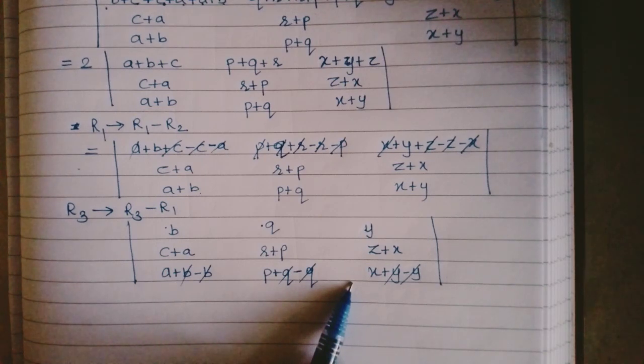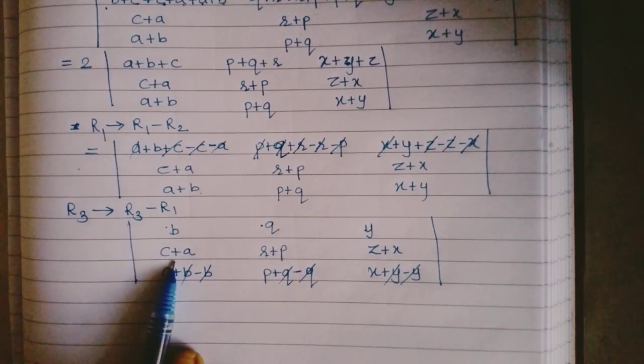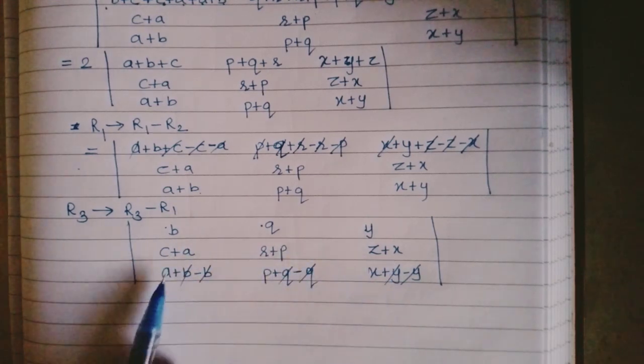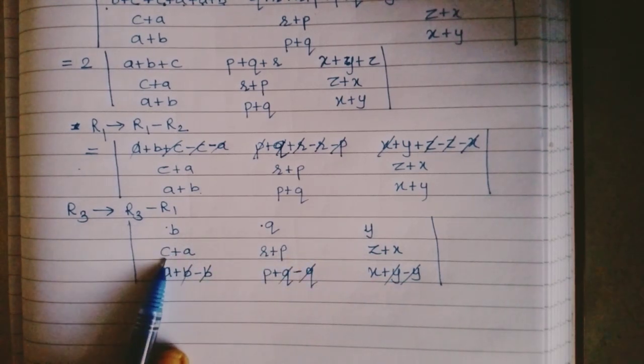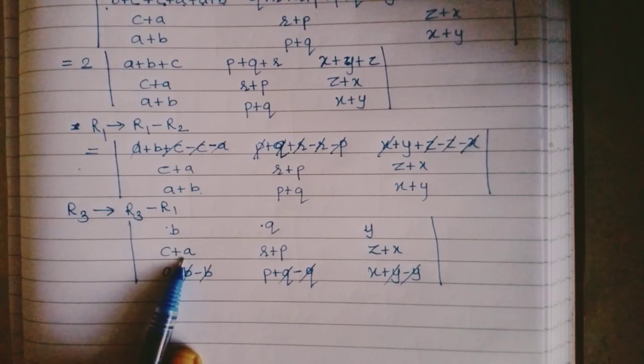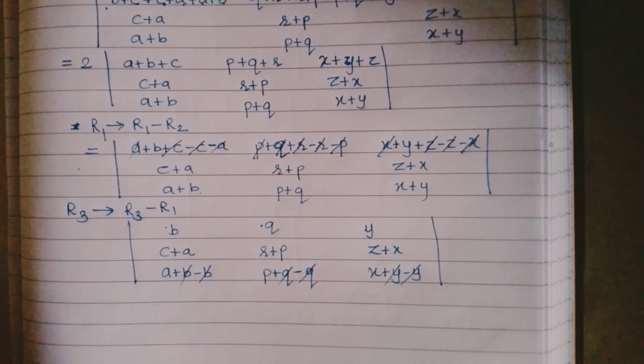Okay, now I have to make our second row elements. Here already B is there, A is there, this has to be C, correct? So we have to remove A. So to remove A, we have to subtract R3, right?